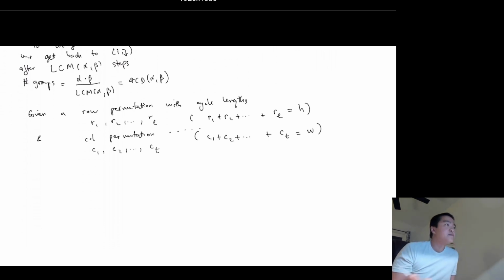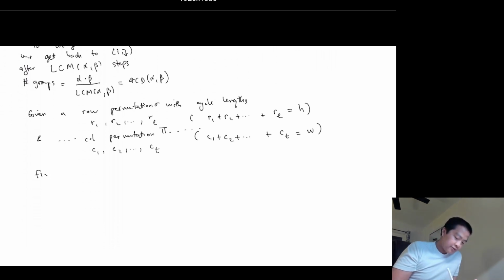So with this transformation, I'll call the row permutation sigma, and the column permutation pi.